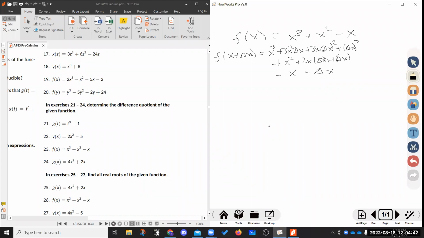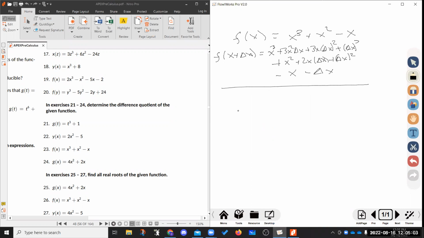So got a lot of terms here to combine. Everything here should be degree 3, everything here should be degree 2, everything here should be degree 1. None of the terms are going to be like terms that combine with each other.